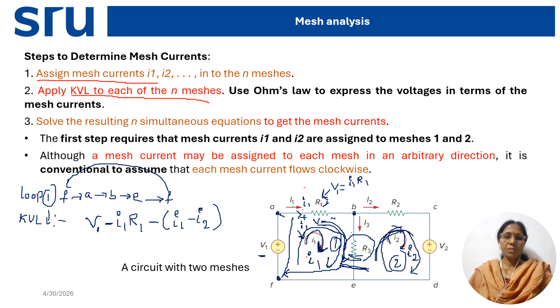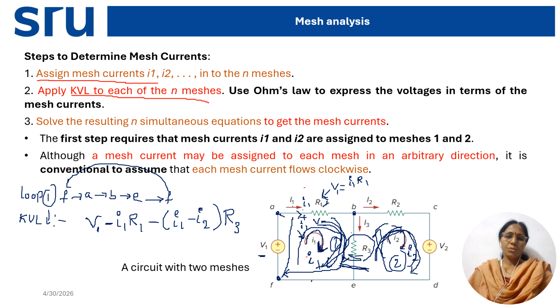We have taken clockwise, which means here it is upwards and here it is downwards. So that's why this is the current flowing through R3. Now from E to F, is there any element here? No element, so no need to write voltage.